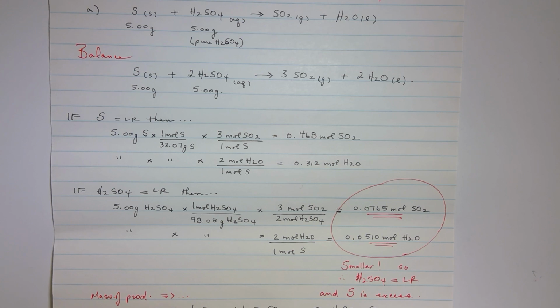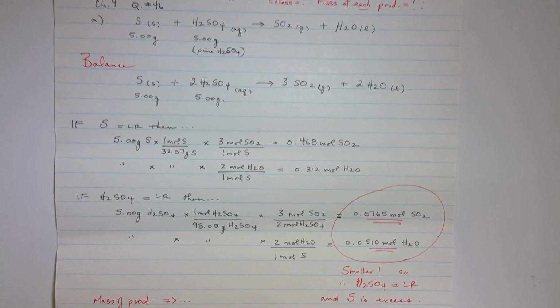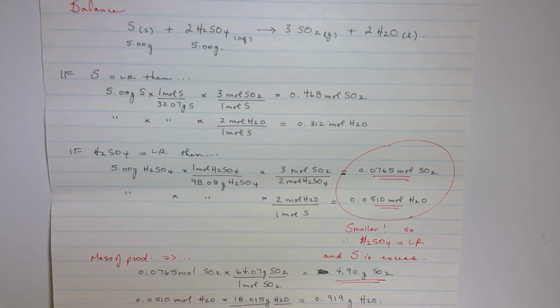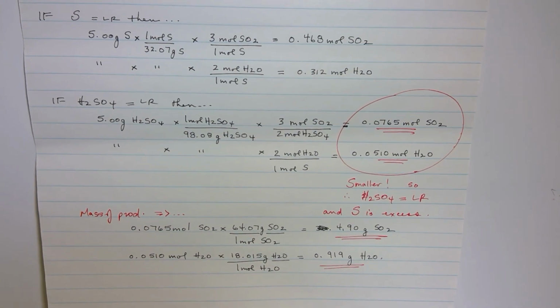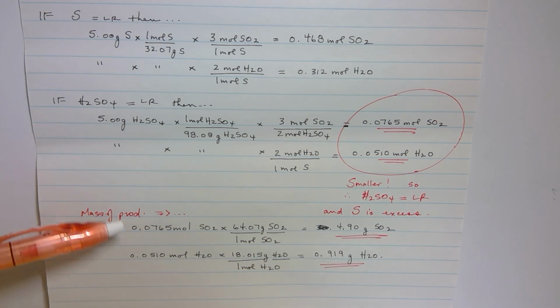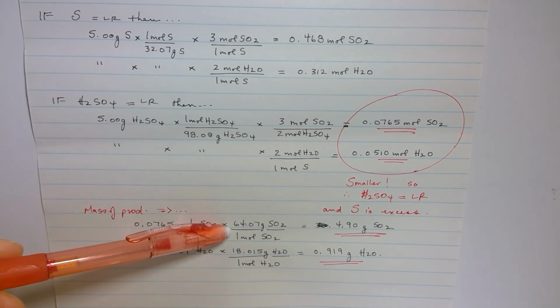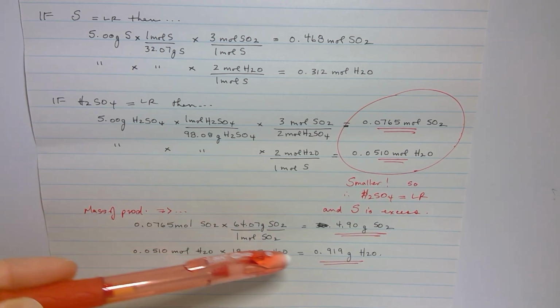So the sulfur is in excess, the sulfuric acid is limiting, and the moles produced are there for SO2 and H2O, so both products. Then I want to calculate the mass of each of those products based on those numbers of moles. So I take my 0.0765 moles of sulfur dioxide and use the molar mass of sulfur dioxide to convert to grams.